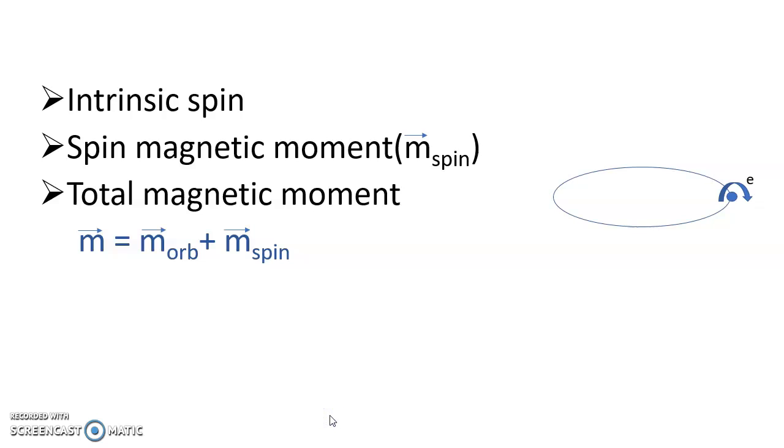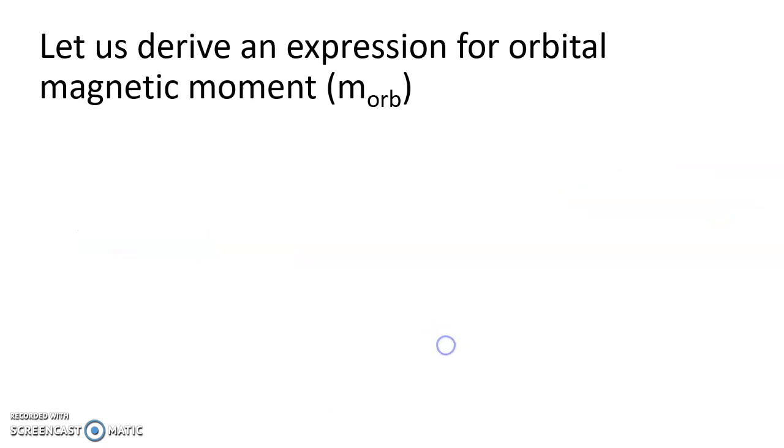Let us now derive an expression for the orbital magnetic moment. We know the formula for orbital magnetic moment, that is m is equal to I A, where I is the current and A is the area of the loop. We have studied the formula for velocity, that is velocity is equal to displacement upon time.